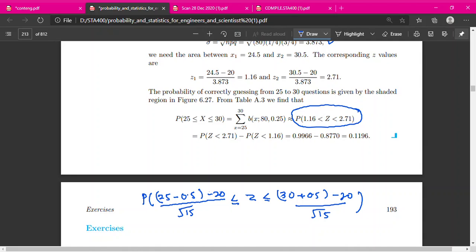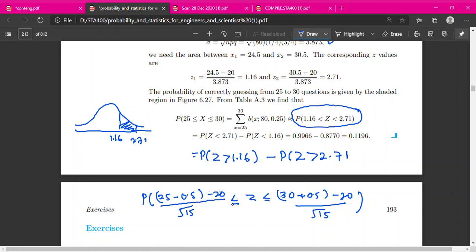Dan cari macam biasa. Okay, Z ni berada di mana? Kedua-duanya berada di sebelah positif. Positif 1.16, positif 2.71, kita nak di antara ni. So, macam mana nak cari probability? So, kalau gunakan yang more than, maksudnya probability of Z more than 1.16 minus dengan probability of Z more than positif 2.71.